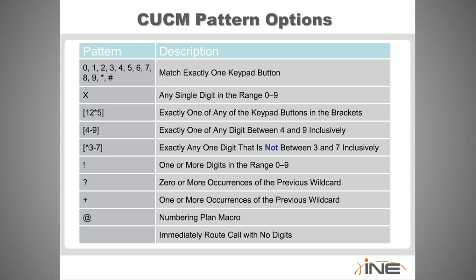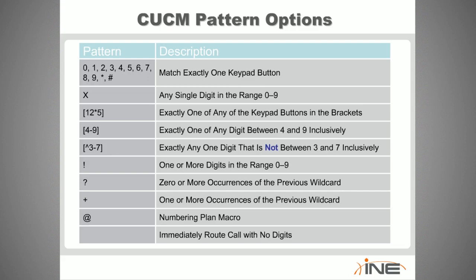We'll be talking more about that tomorrow when we talk about voice translation rules. That's true in IOS. Although regular expressions can be used to some degree in CUCM, this is not really considered a regular expression.